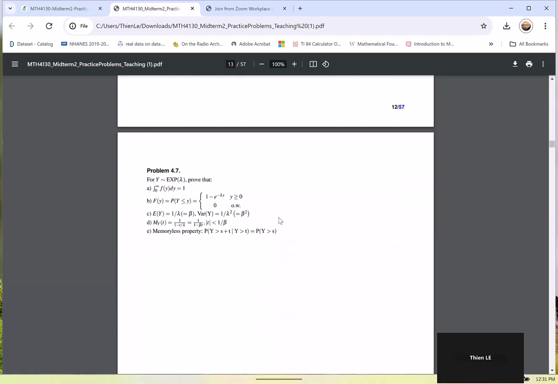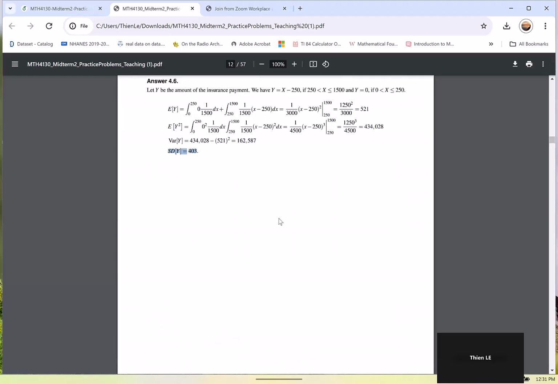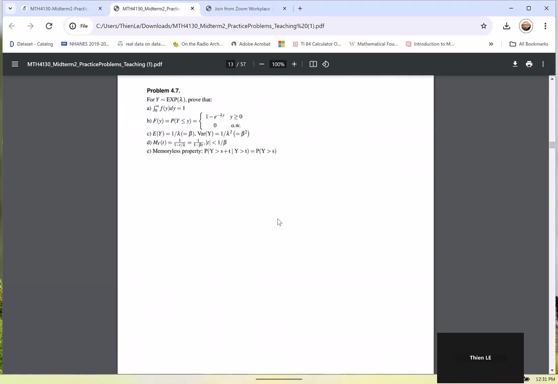In 4.7 here, for Y following an exponential with lambda, prove that we have the integral equal to one. So here we just confirm it's a valid PDF.